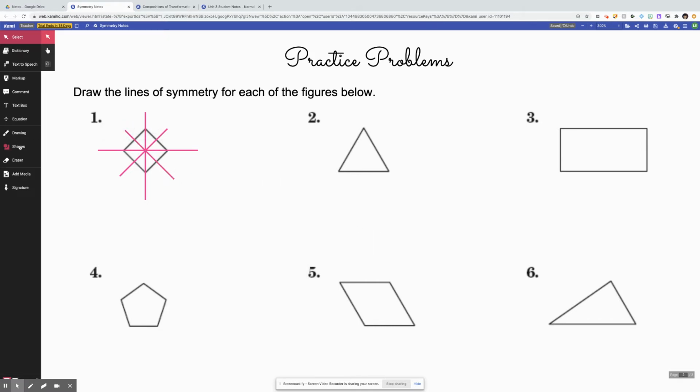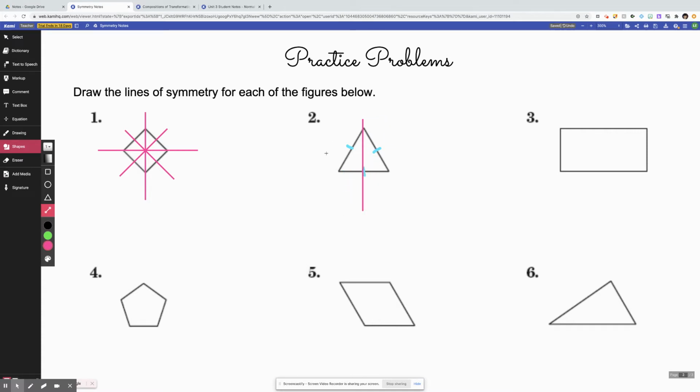Okay. In number two, this is an equilateral triangle. You have all three sides that are congruent. Remember, the way we mark that is with little dash lines. Boom, 1, 2, 3. That means congruent sides. Okay, so again, obviously I can draw a vertical line straight through the middle.